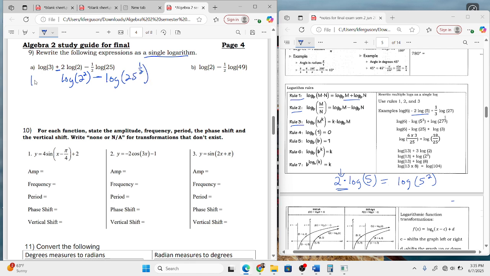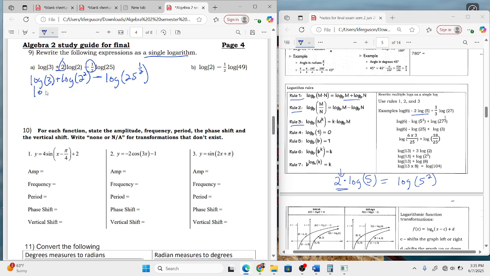So now, I'm just going to have log of 3 plus. So I dealt with this 2 and this 1/2. I let the negative stay, and I'll show you why in a minute. I'm going to focus on this.